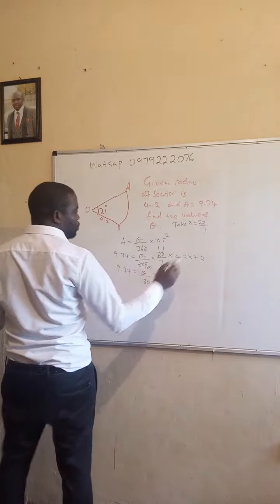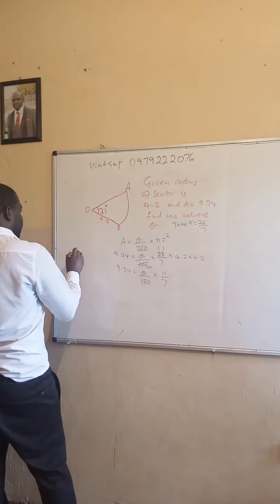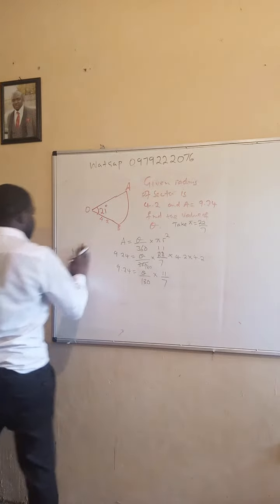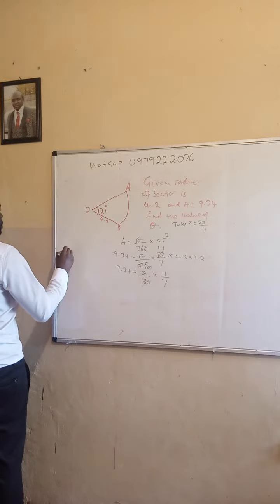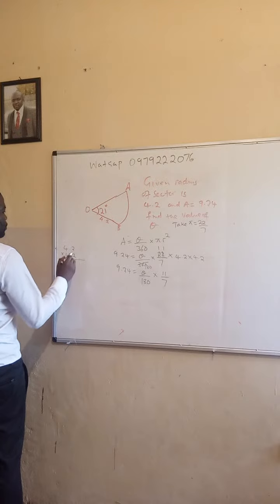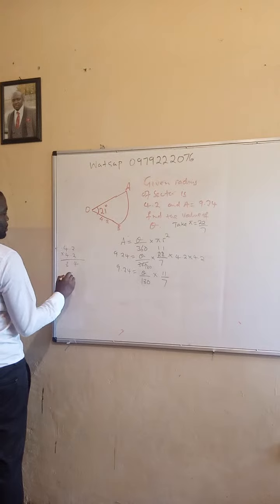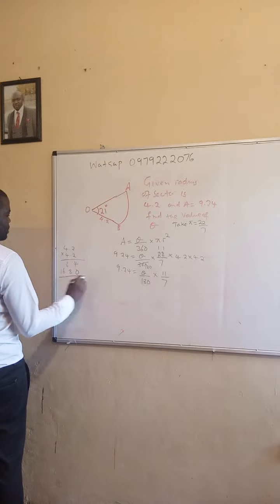4.2 times 4.2. 4 times 4... 2 times 2, 4. That is 8, 0, 8, 16.